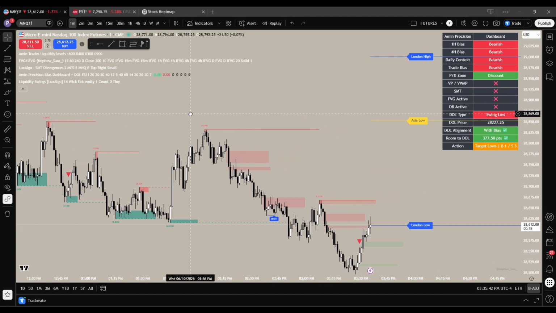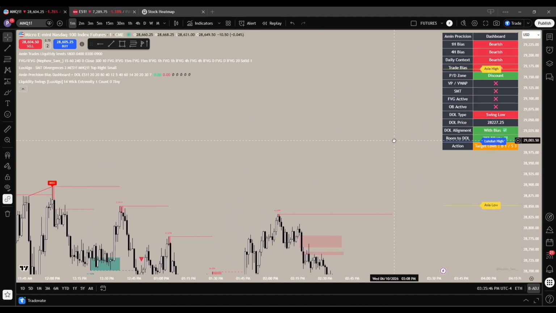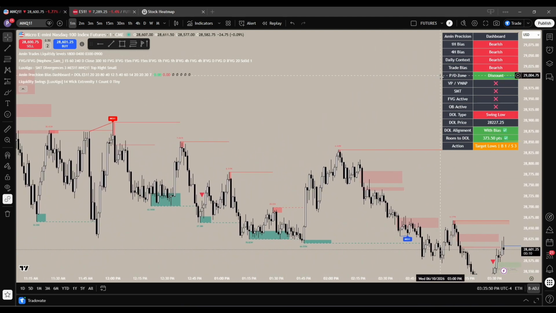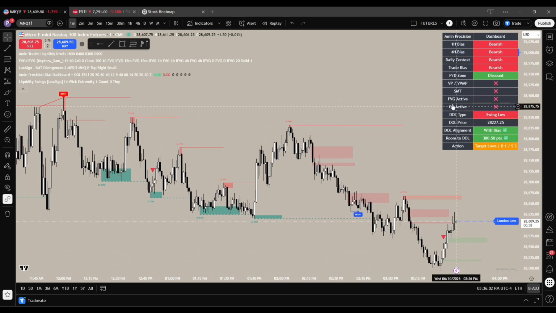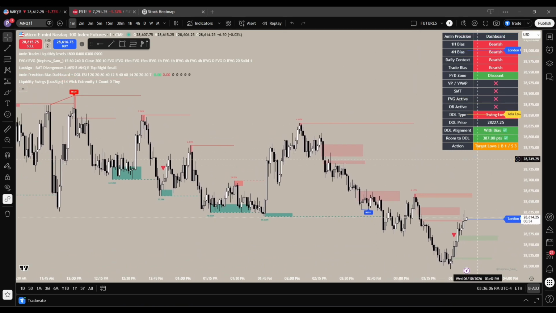Okay, cool. The next indicator that I have is my personal dashboard up here. It shows me my bias, a 1 hour, 4 hour, daily context, trade bias, PD zone if we're in premium or if we're in discount, the volume profile and the VWAP, if there's an SMT, if the fair value gap is active, order block, draws on liquidity, and if everything aligns, it tells me the action.